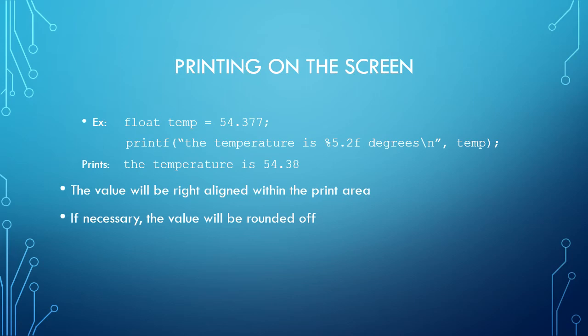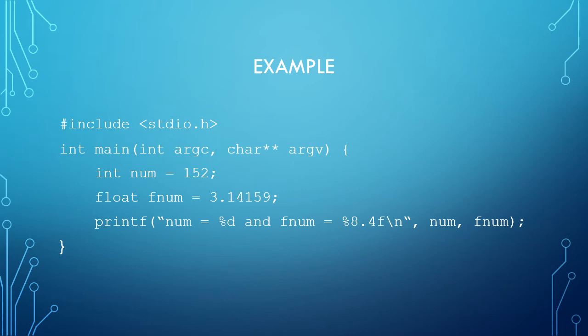And as you can see in this example, if necessary, the value will be rounded off, or it will be padded with trailing zeros to fill in the requested number of decimal places. And here we have another example.